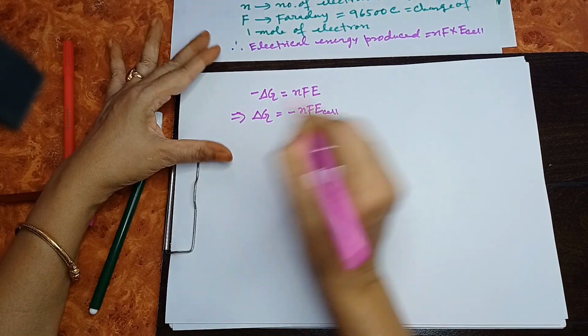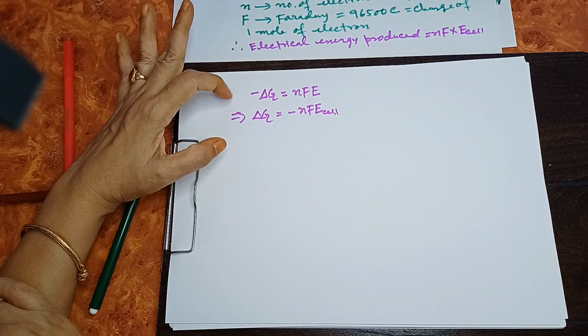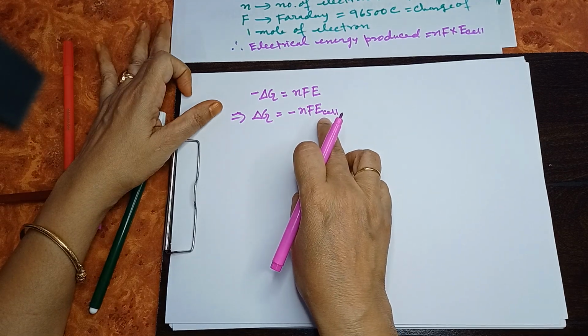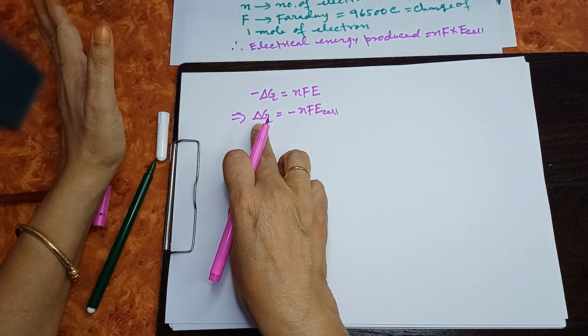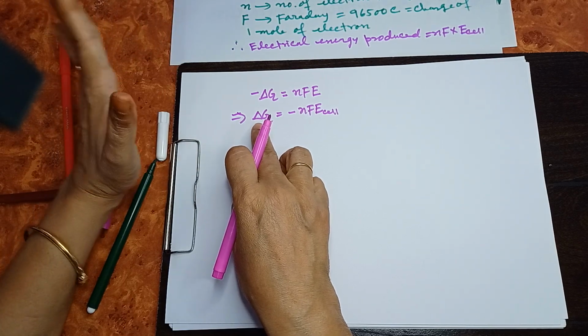You can write E cell also. From this equation, when the EMF of the cell is positive, then only the free energy change will be negative, and the cell operates spontaneously.